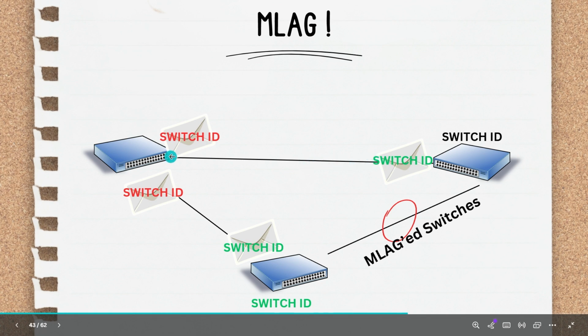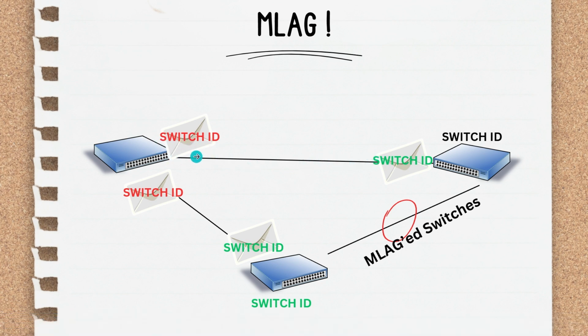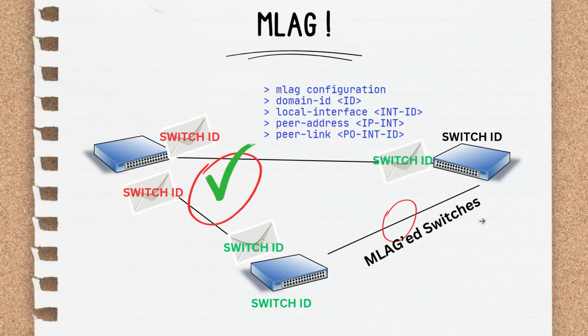So now the switch ID exchange will be of this green colored one, and forming a port channel will be possible because the switch ID exchange is similar. That allows us to form a port channel between these three devices.